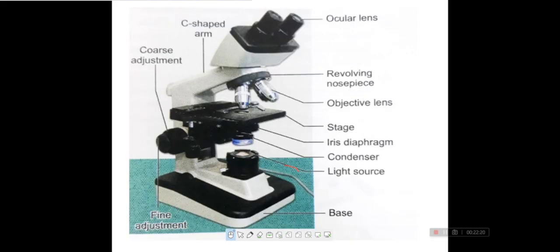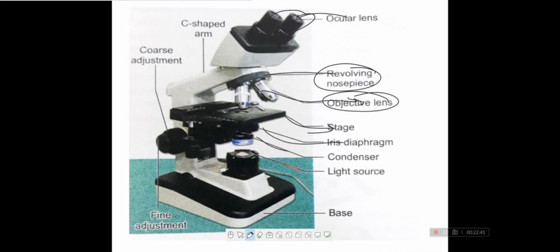This is the general diagram of the microscope. This is the ocular lens, from where we see the object. This is the revolving nose piece. This is the objective lens. This is the stage. This is the iris diaphragm. This is the condenser. This is the light source, and this is the base.